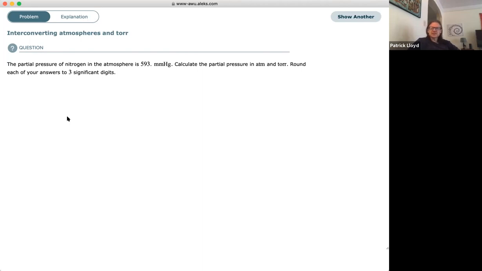So that's actually also telling you what the pressure is in torr. Calculate the partial pressure in atmosphere and torr and round it to 3 significant digits. Again, why 3? Well, you got 3 right here. And then the conversions are exact values, so you don't consider their significant digits in the analysis. Okay. So let's stop that one and come over here.